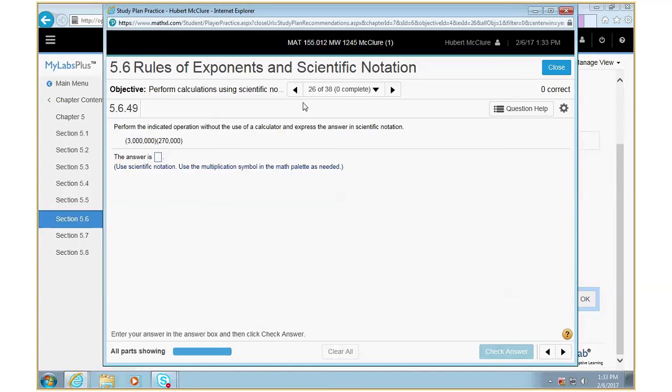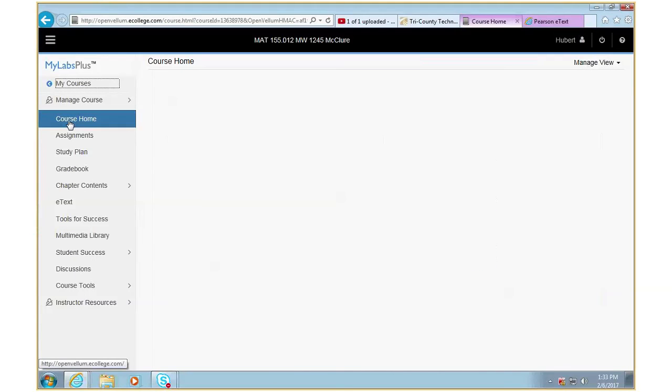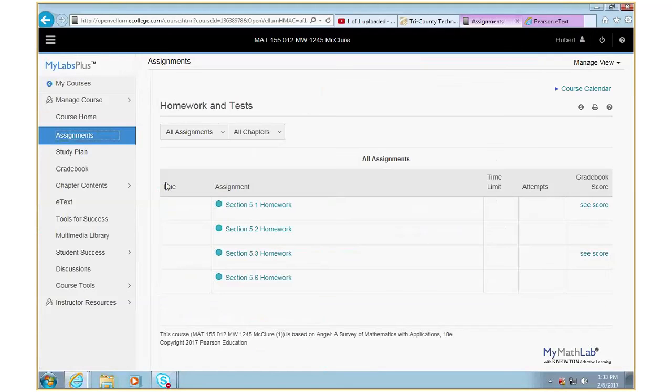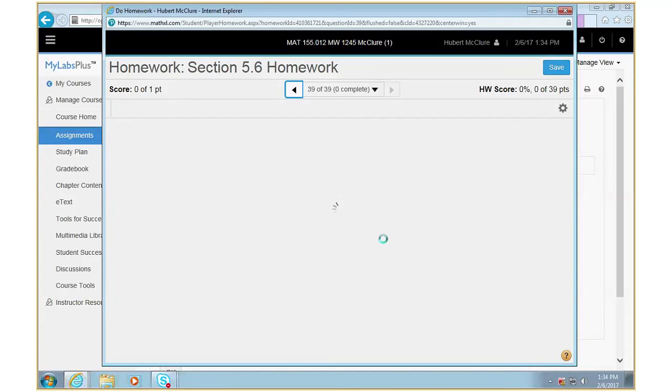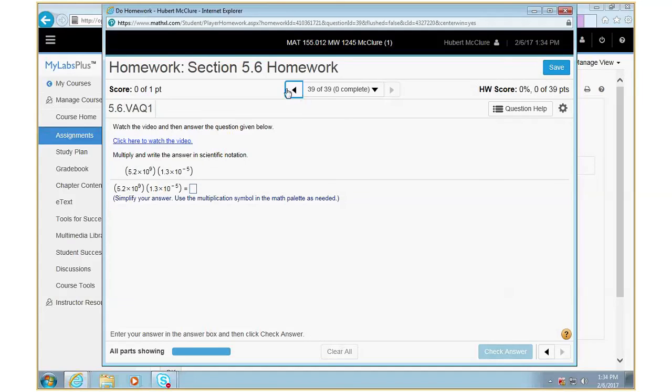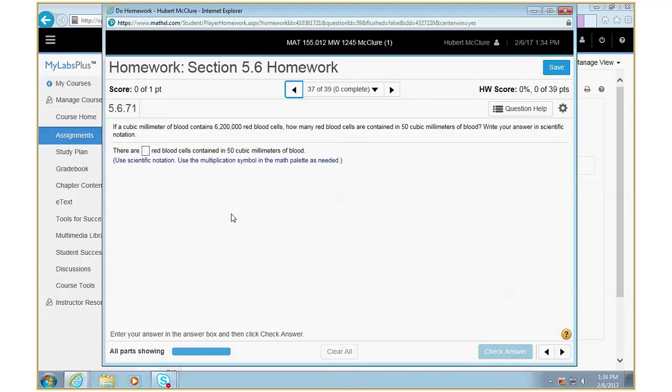I don't see any word problems. No, let me look on the homework. Yeah, there's one. There they are.